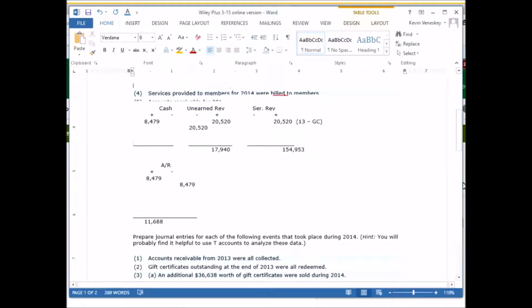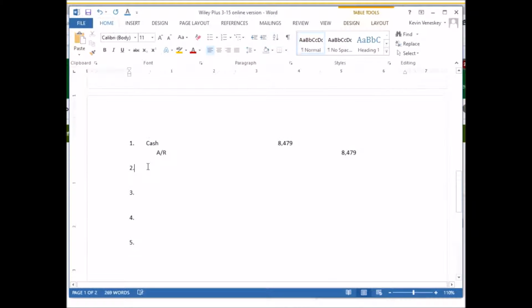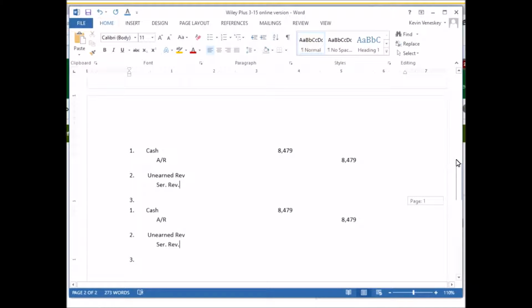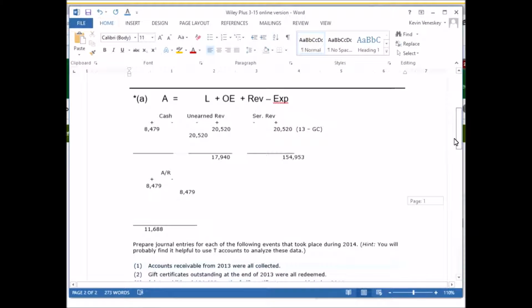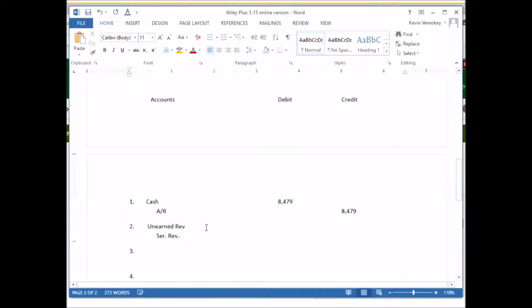Okay, so now we can do my journal entry. I had a debit to my unearned revenue for the $20,520, and my credit was service revenue, and the amount was $20,520.